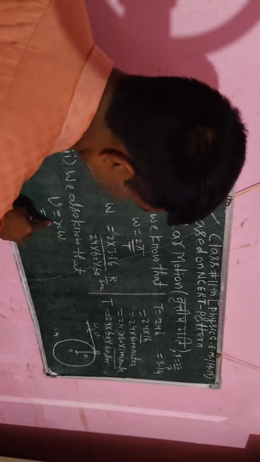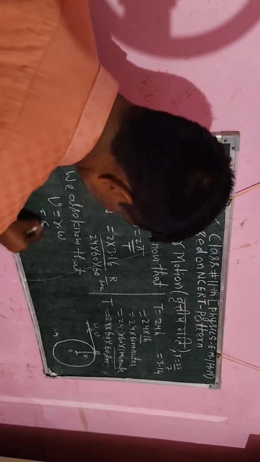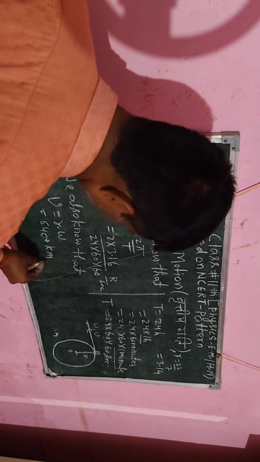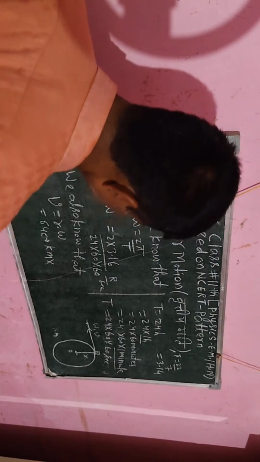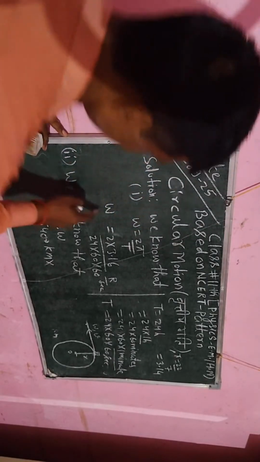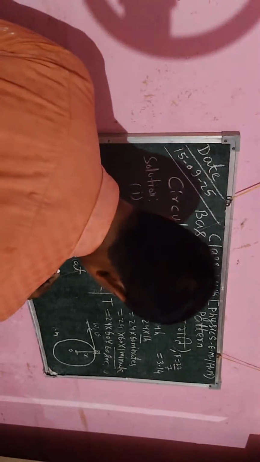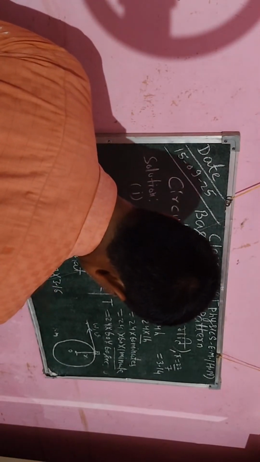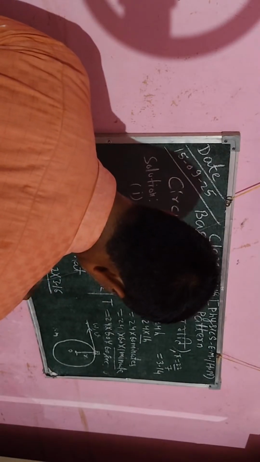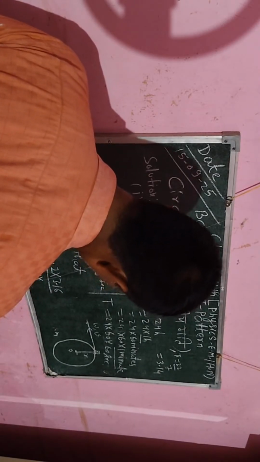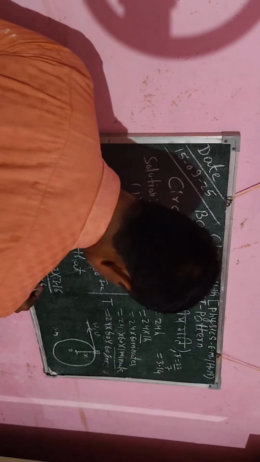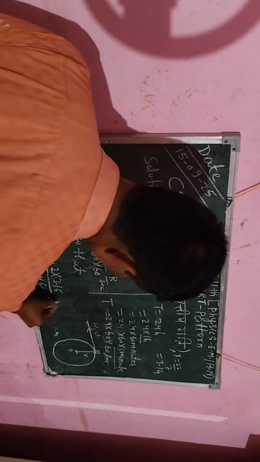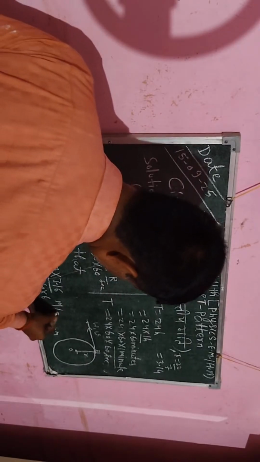The value of r is already given, 6400 kilometer. In the place of omega I have to substitute 2 into 3.14 divided by 24 into 60 into 60. Its unit will be meter per second.